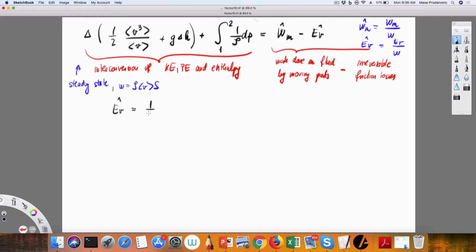Okay, so my EV is typically estimated as 1/2 the average of the velocity squared times a friction factor or loss factor. And this friction loss factor is some function of Reynolds number and shape.